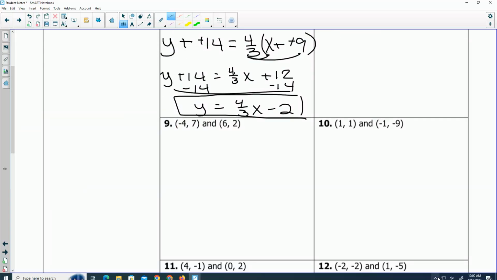When you get it, let me see your paper. If you struggle with that, write it out. x1, y1, x2, y2. So slope is y2 minus y1 over x2 minus x1.